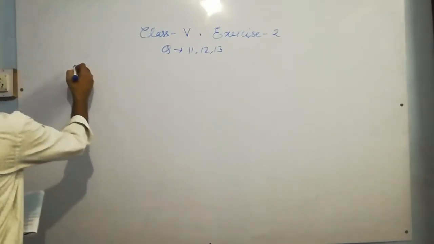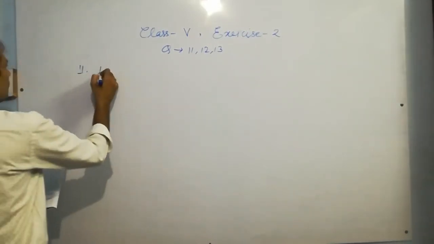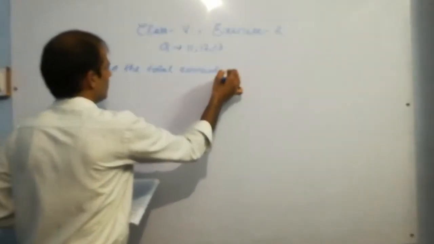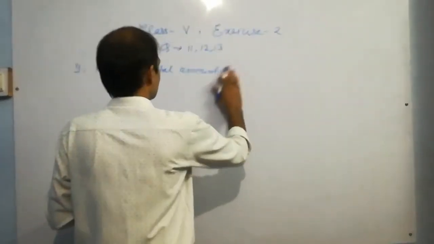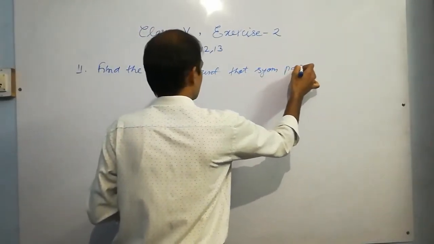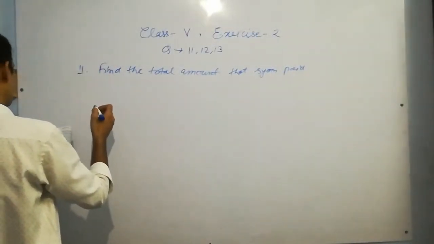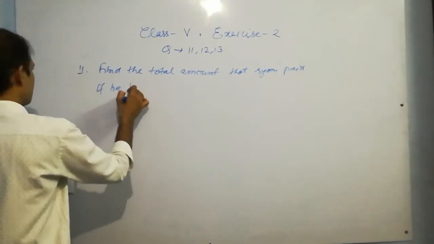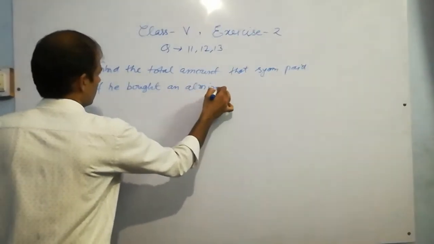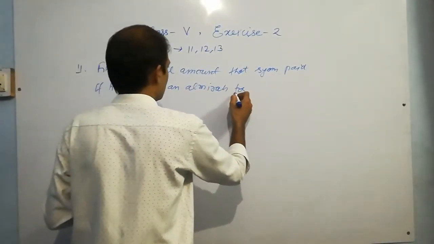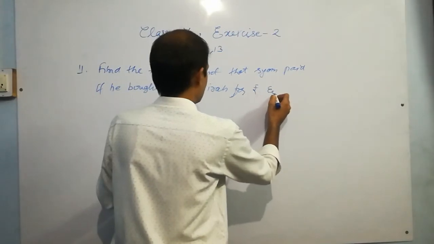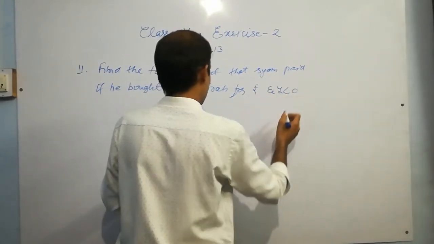Question is, find the total amount that Shyam paid if he bought an Almirah for rupees 6580.